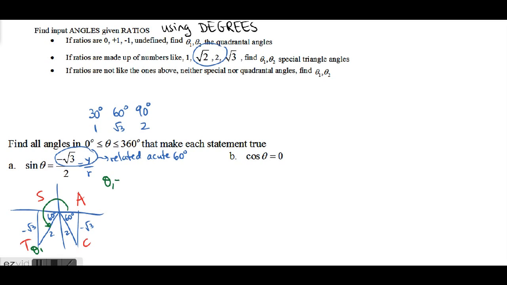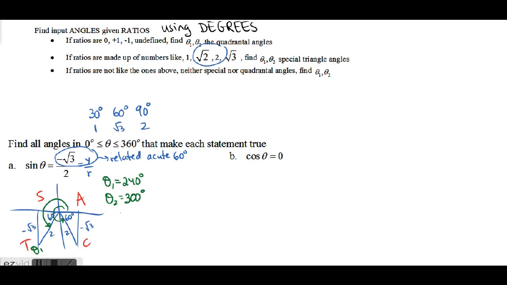This theta 1 would be a straight edge, which is 180, plus this 60 more. So that's 240. And theta 2 is this one right here. It's almost a full revolution, 360, but it's missing a 60 piece, so that's 300 degrees.